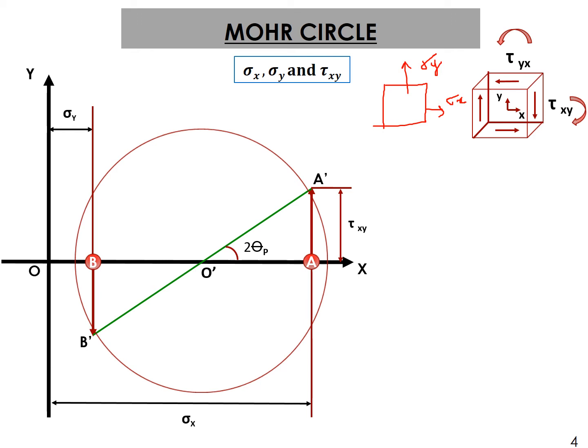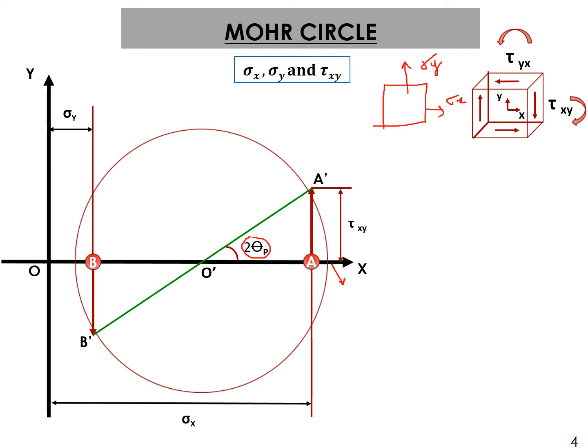So it means the inclination of your axis with reference to this black line, the principal axis, is given by twice theta P. I hope it is clear. Again, this line OX is the principal axis, and the green axis is your X and Y axis.